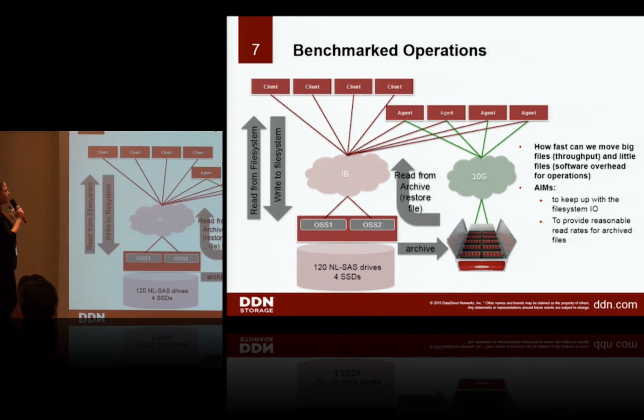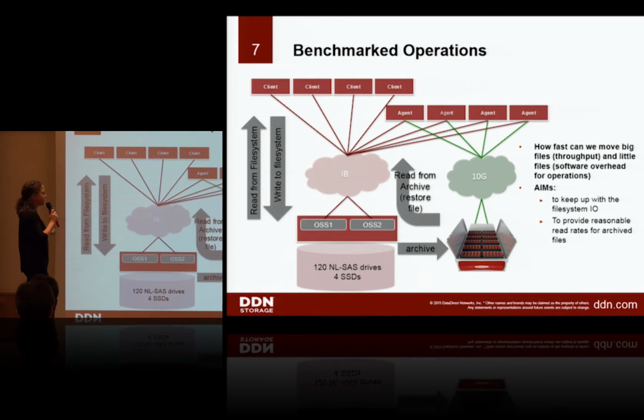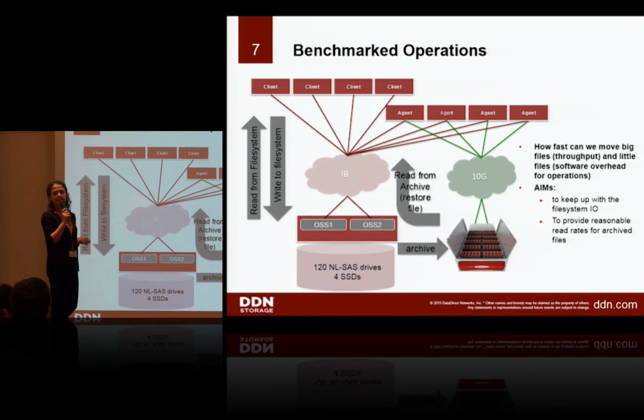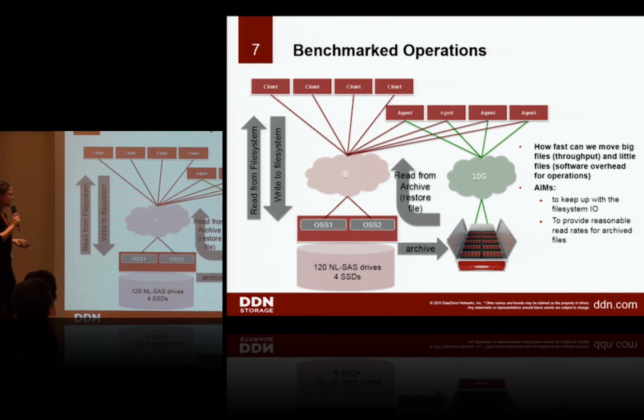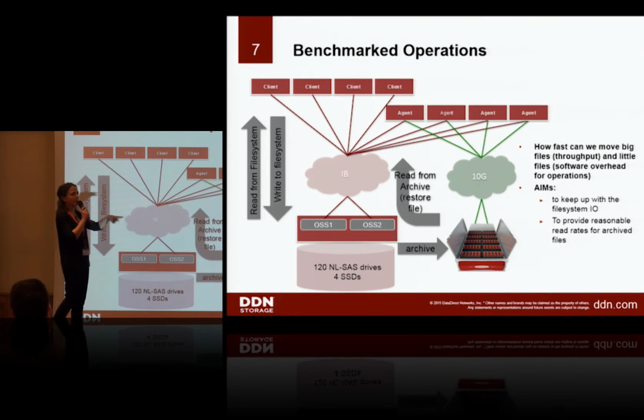So, which operations have we tested here? Initially, just to have a baseline of the system, we do some general benchmarking of the file system for both GPFS and Lustre, just to have baseline numbers.